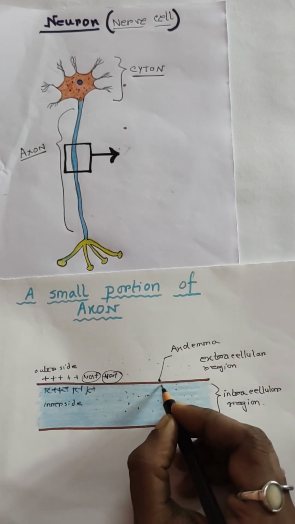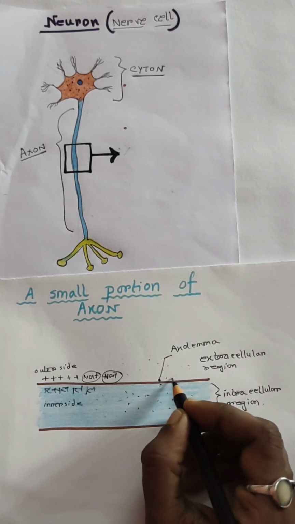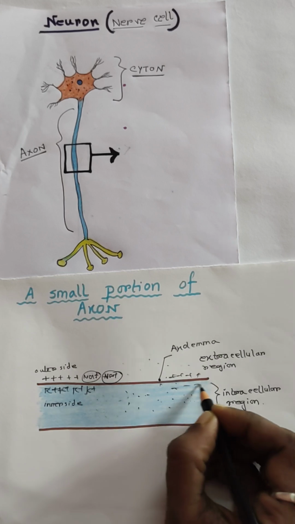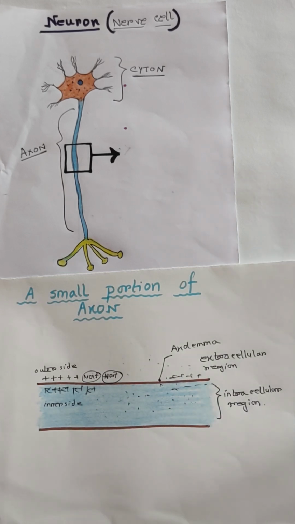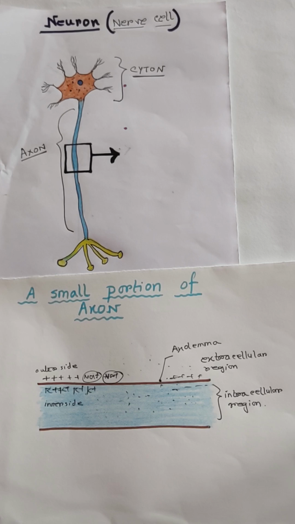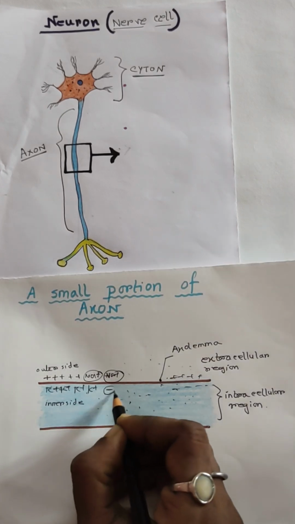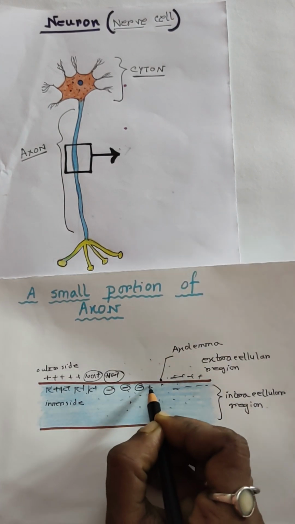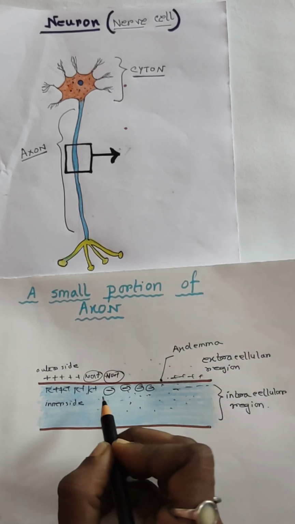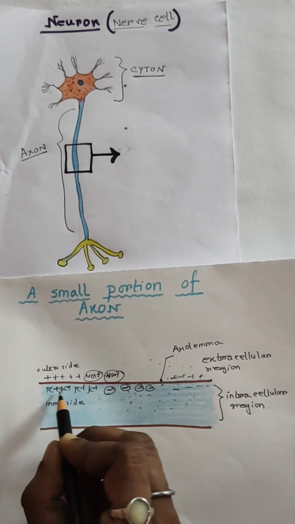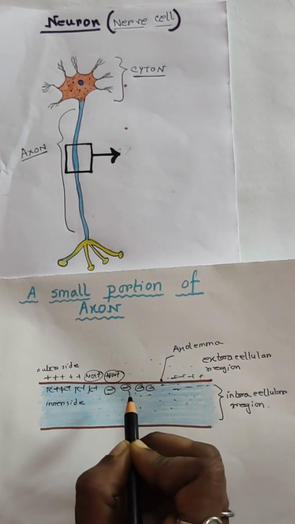But how is the charge difference, that is outer positive and inner negative, happening? This is because of the protein, because negatively charged proteins are there at the inner side of the membrane. Those proteins actually make the inner side negative.